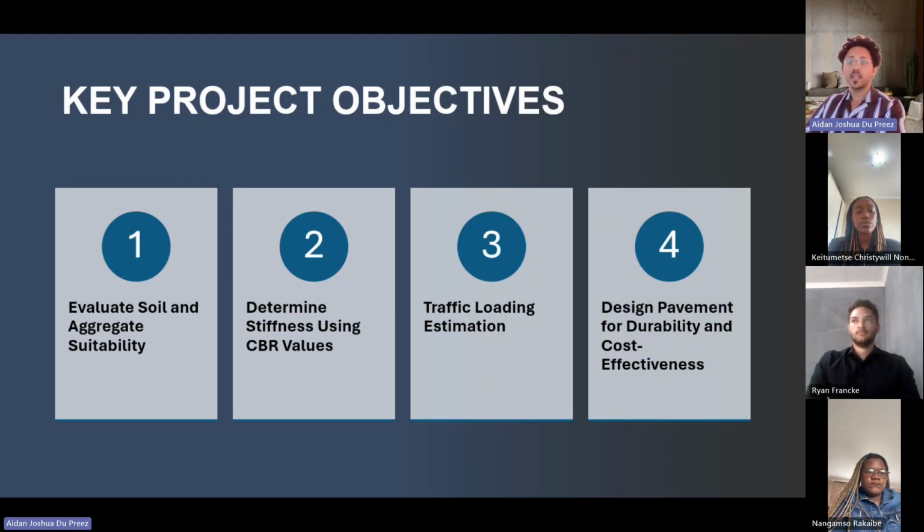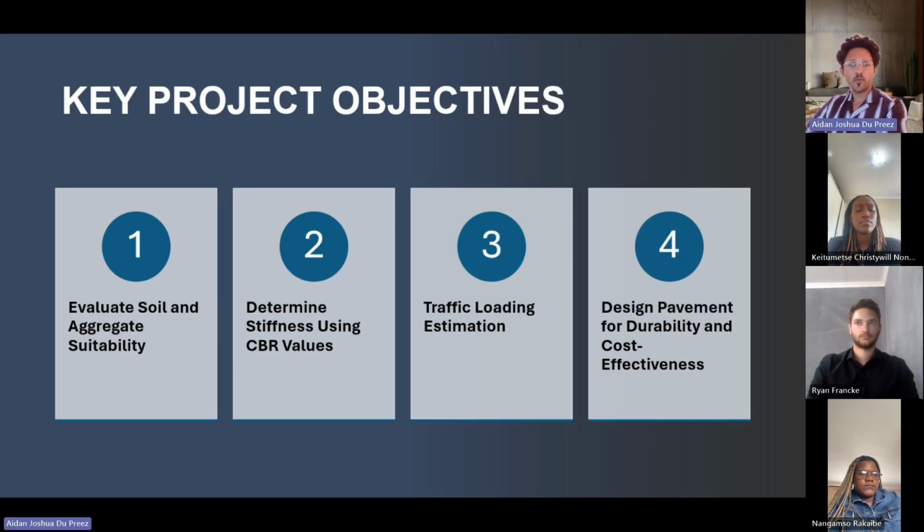Number 3, traffic loading estimation. Roads are designed to last for a specific time. In our case, our road is to last for 25 years. Over this period, the road will experience millions of vehicle passes, causing wear and tear.